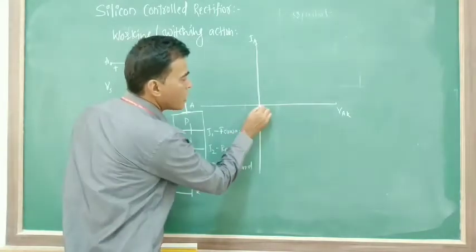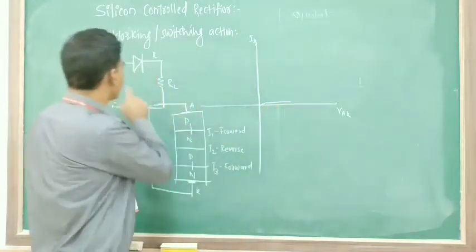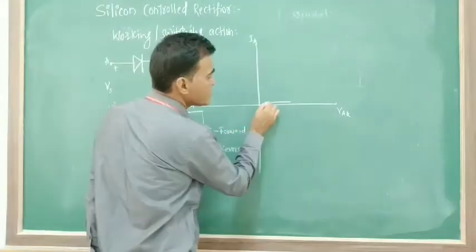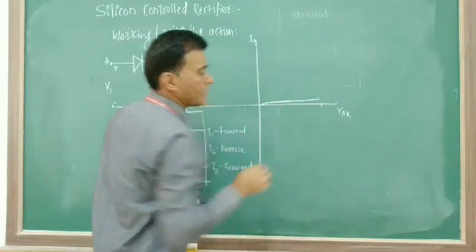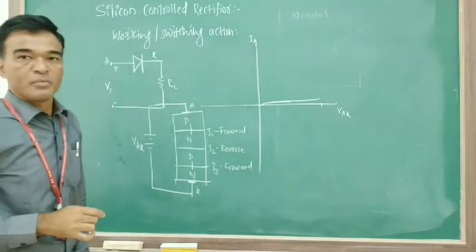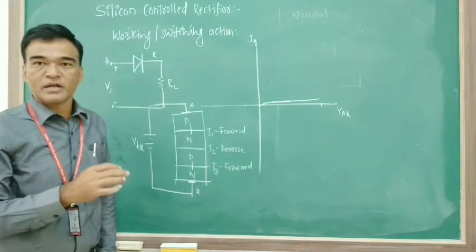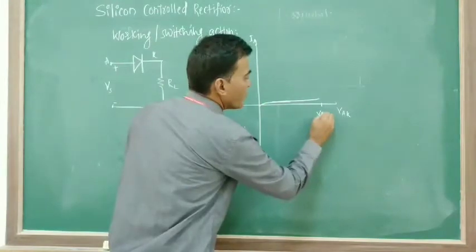Hence, a very small current starts flowing as I go on increasing the anode to cathode voltage by increasing the supply voltage. So this is the leakage current. Let us say up to some particular voltage the current is very small, and this voltage is known as VBO.